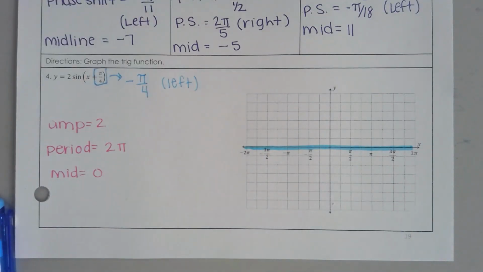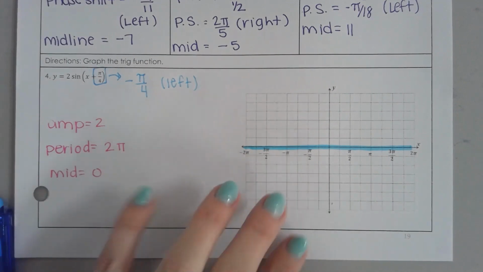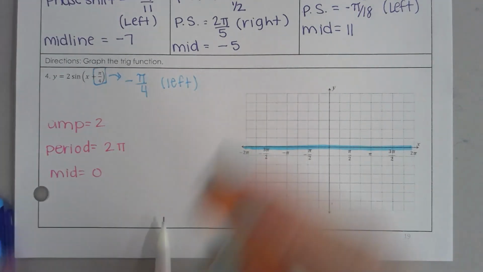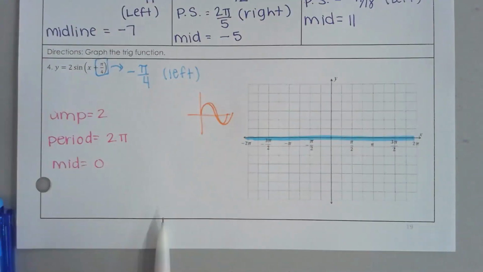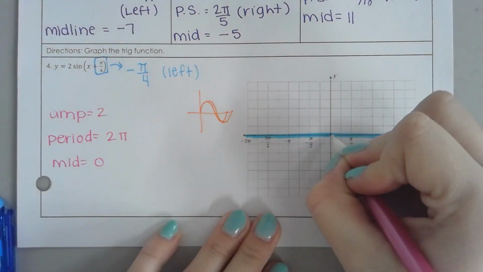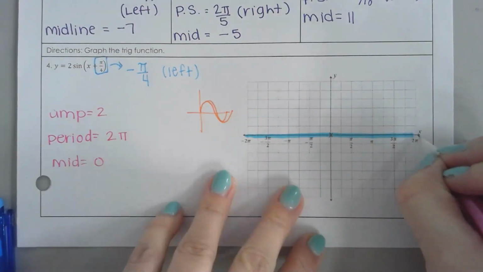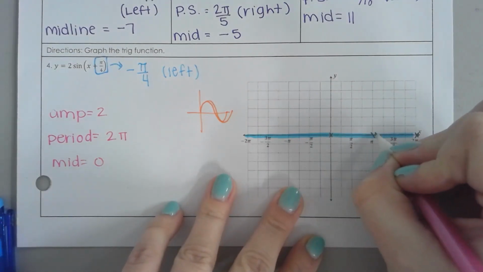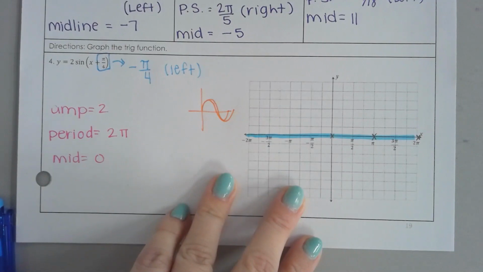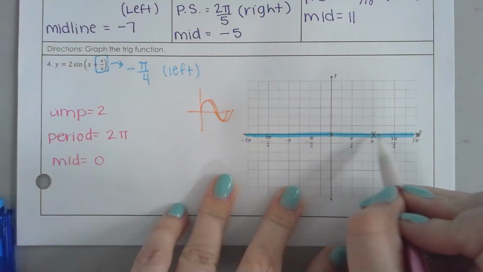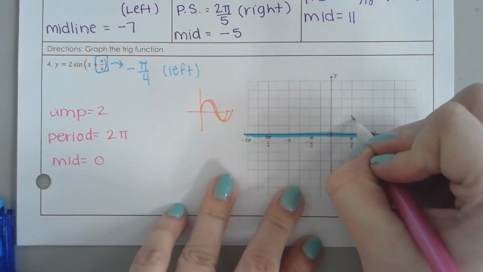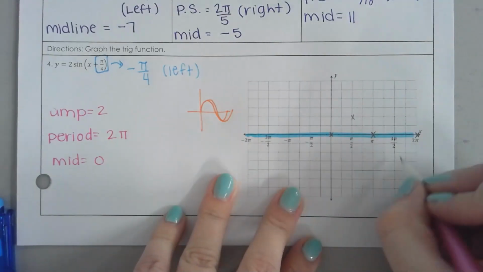So I'm going to use my pencil. Remember, sine looks like that. So my starting, my ending, my halfway is all on the midline. I'm going to put a little x here, a little x here, and then halfway. And then halfway between these two, I would go up 2, my amplitude. Halfway between these two, down 2.